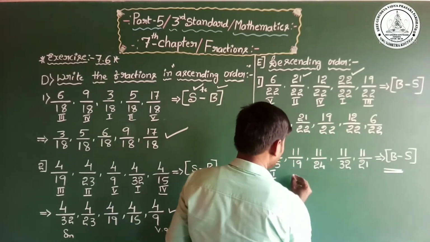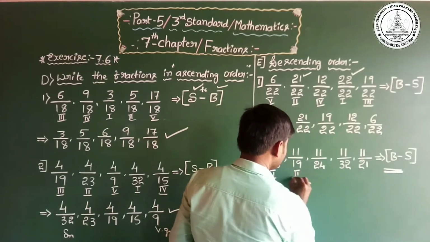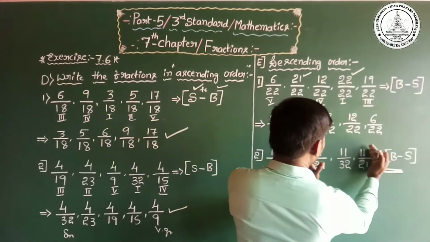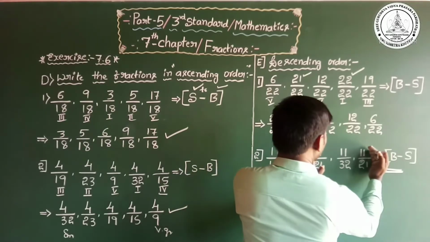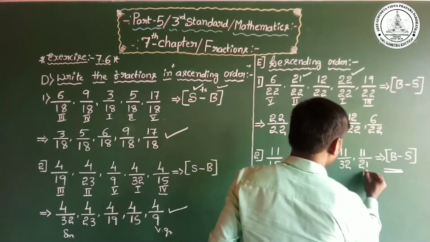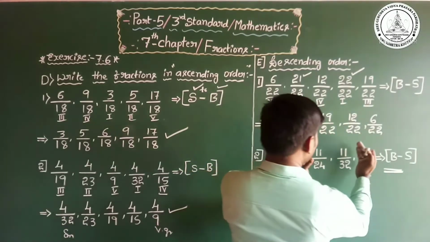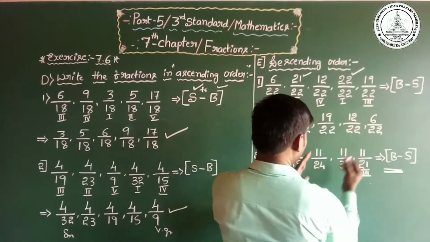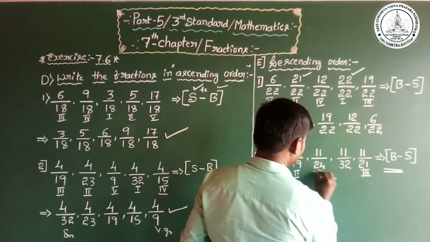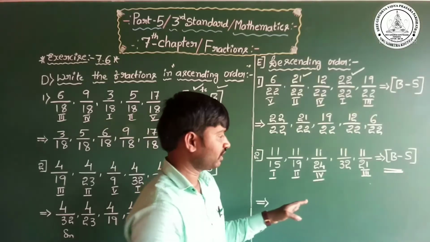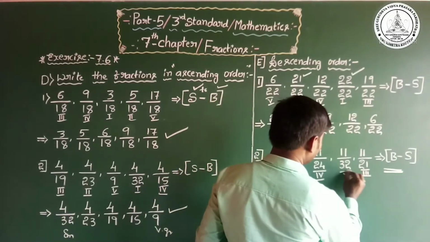Yes, 19 is the smaller denominator, you take this one second. The next, 21 is the smaller denominator, this is the third step. The next, compare these two fractions, 24 is the smaller denominator, this is fourth. The last one is fifth.